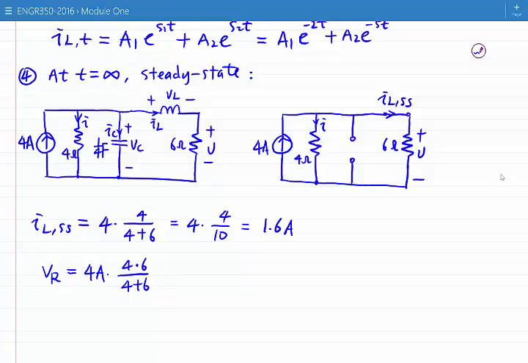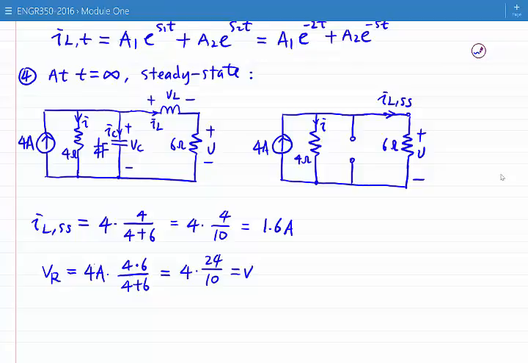So the total current times the total resistance gives us the voltage across the parallel branches. So it is 4 times 24 divided by 10 volts.